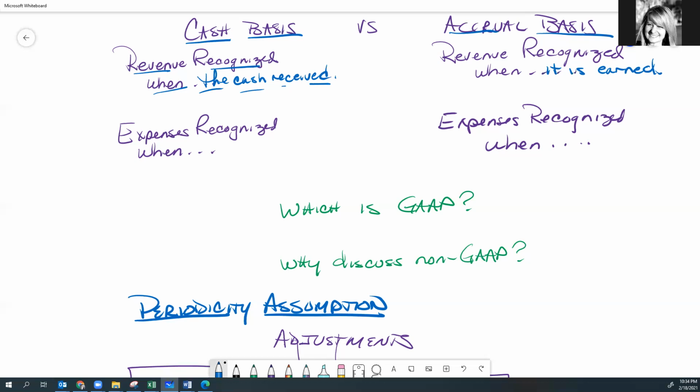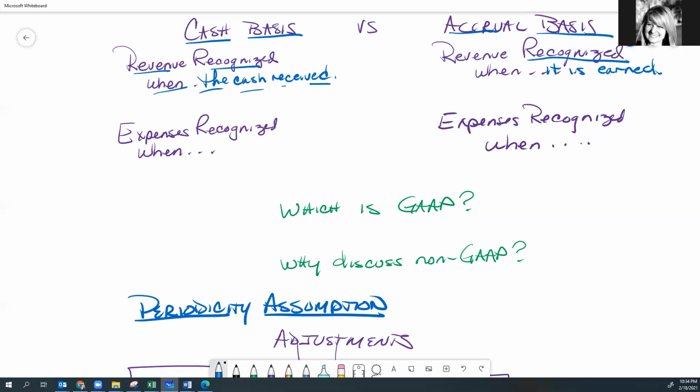When we have completed that performance obligation and we are entitled to the revenue, that's when it is earned. And when we say recognize, we're talking about recorded. That's when we're actually going to record the revenue. So under the accrual basis, we recognize revenue when it is earned. In Accounting 1, we'll keep that simple and say it is when the services or the goods are provided to our customers.